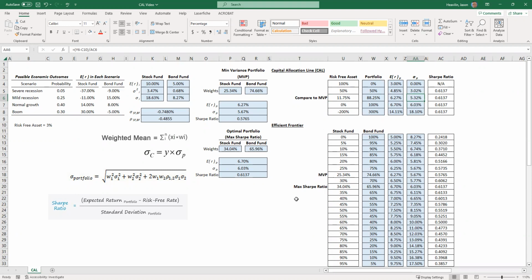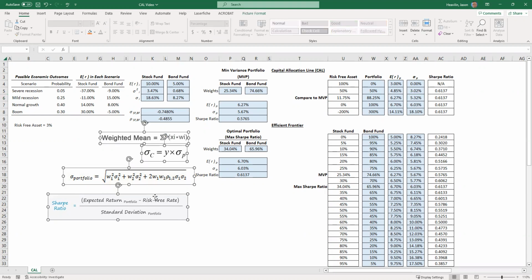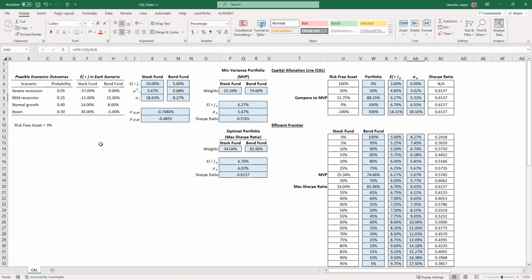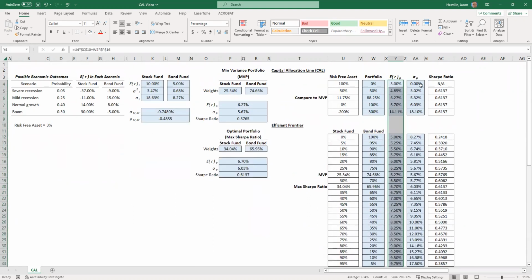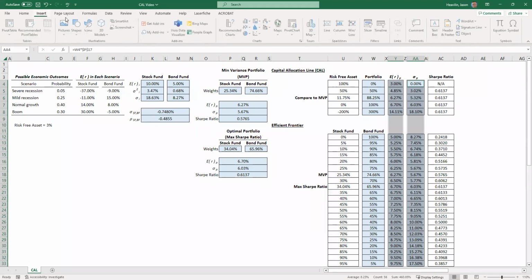Now, to get a better visual of this, we're going to build a table, a chart. I'm giving myself some space here. So we're going to go ahead and grab the returns, and we're going to grab the standard deviation. And we're going to go ahead and insert a chart.